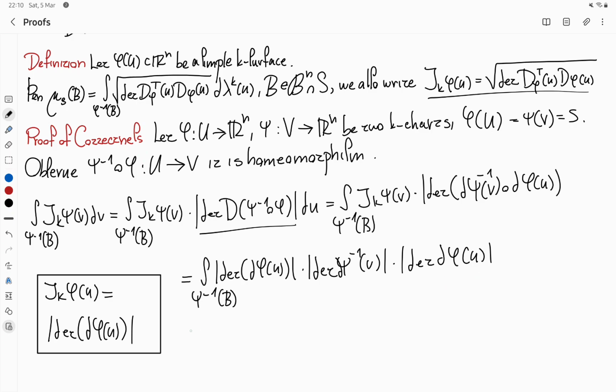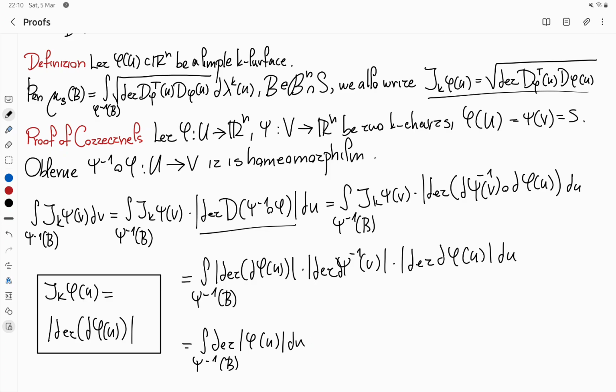Alright, well, but this is nothing less than the integral over the preimage of B under psi. Now the integrand will be simply, well, the determinant of phi under u. Oh, I forgot to mention that since we use the substitution theorem, we are of course now integrating with respect to u.